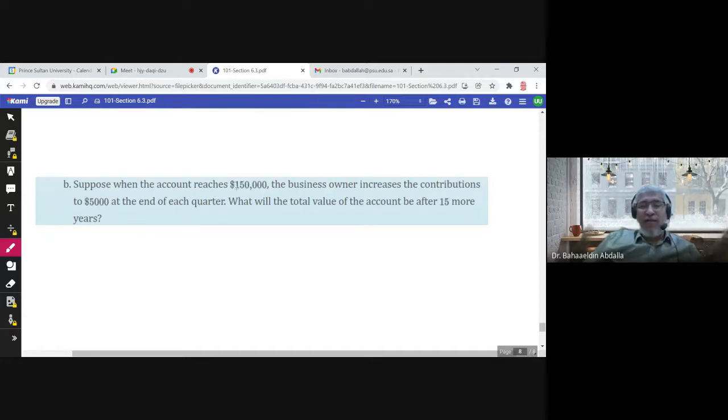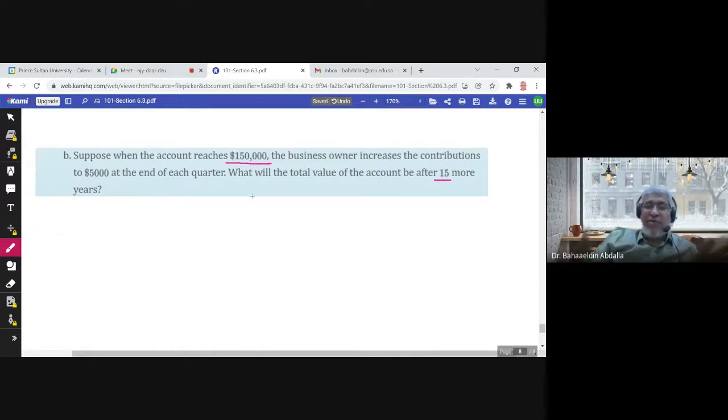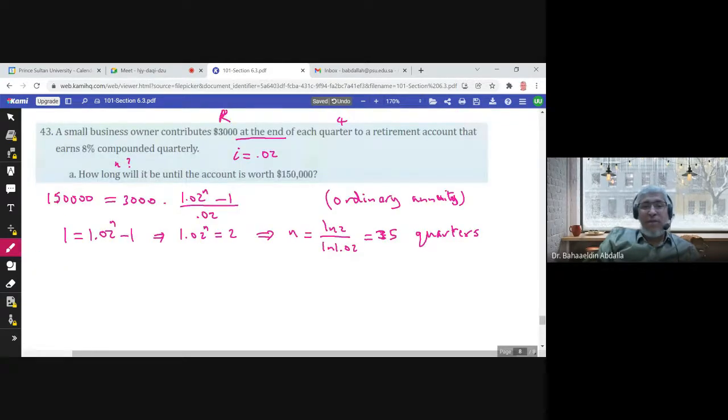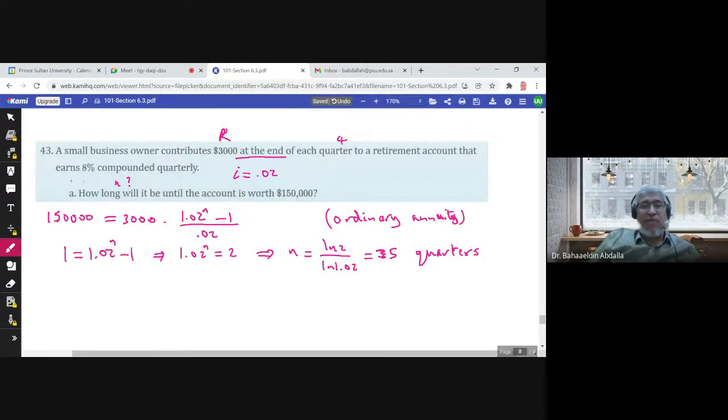We have 150,000 in the account, and this amount of money will be in the account for 15 years. It is already in the account. So it will be compounded 15 years at 8%, compounded quarterly.